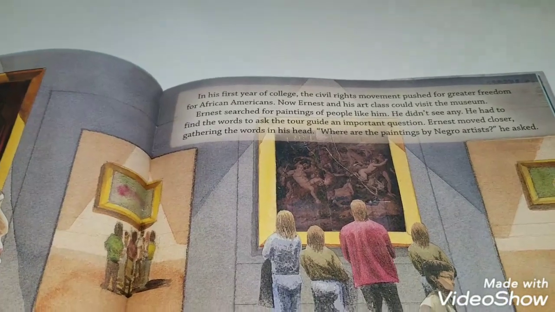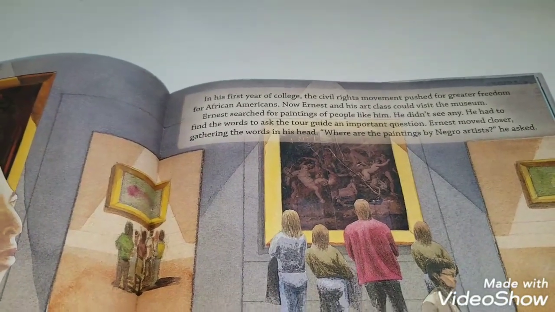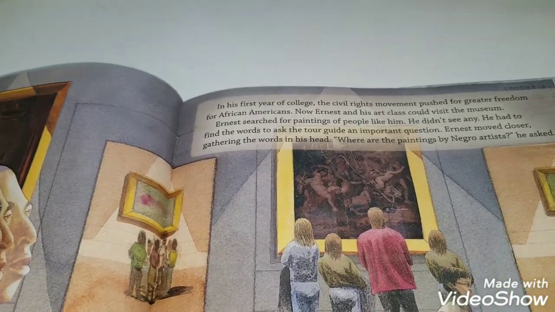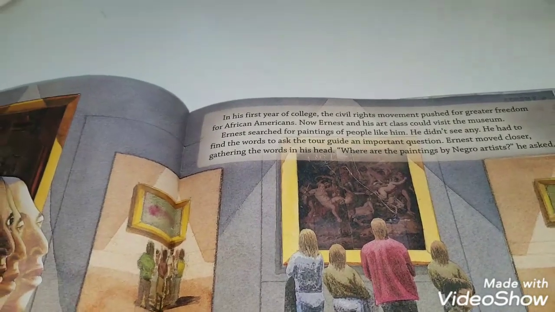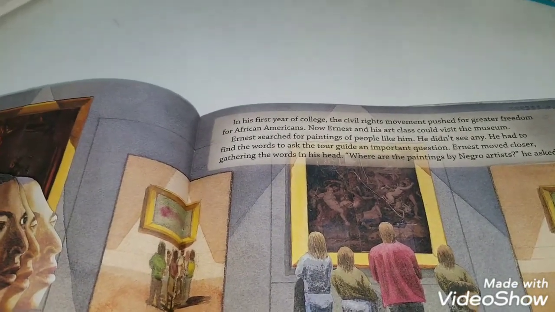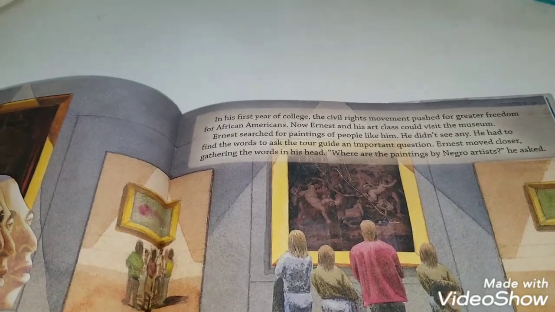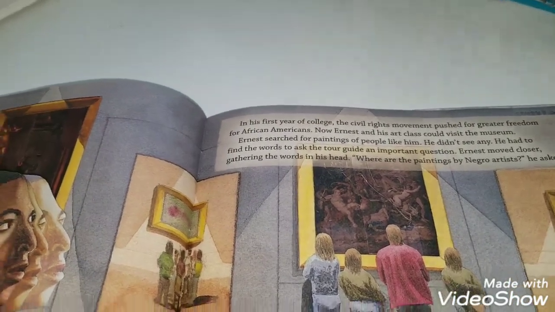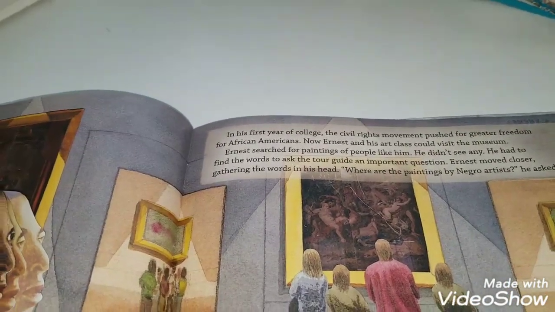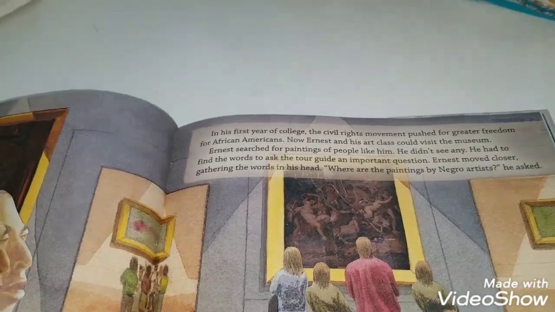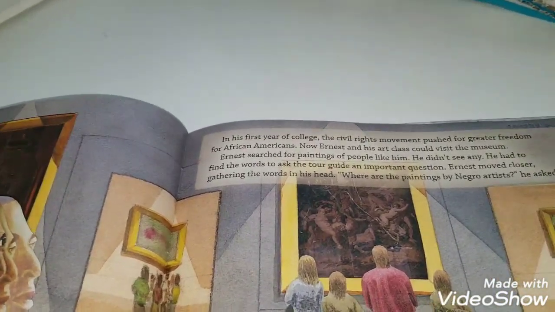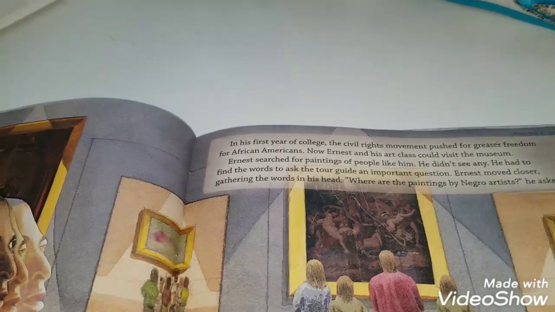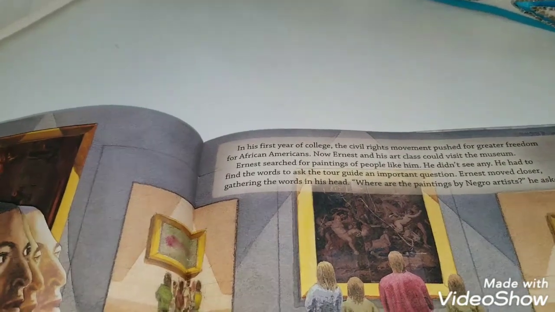Let's say he did not know how to spell the word freedom or greater or museum. I would say spell the word college, spell the word movement, spell the word freedom or greater. Or if I don't ask him those questions specifically, I may put it on a spelling list. Or if he did not know the vocabulary word, or if he knew what the word meant, I would still put it on his vocabulary list.